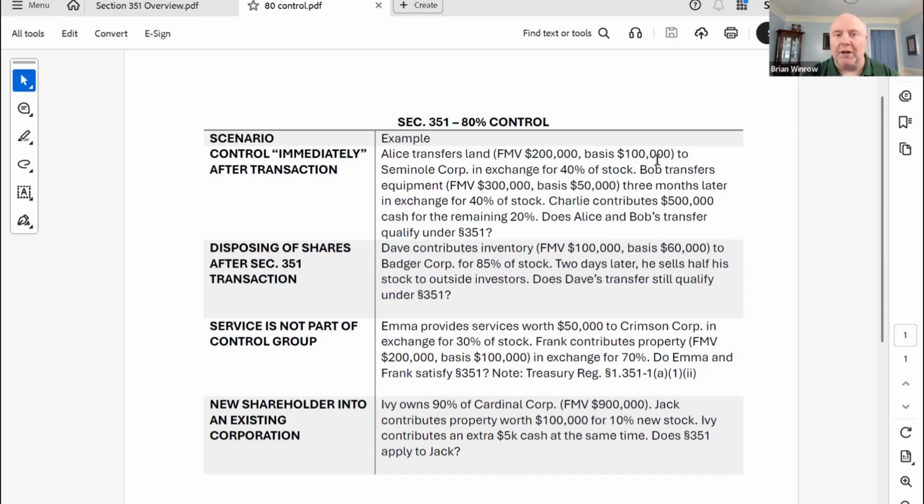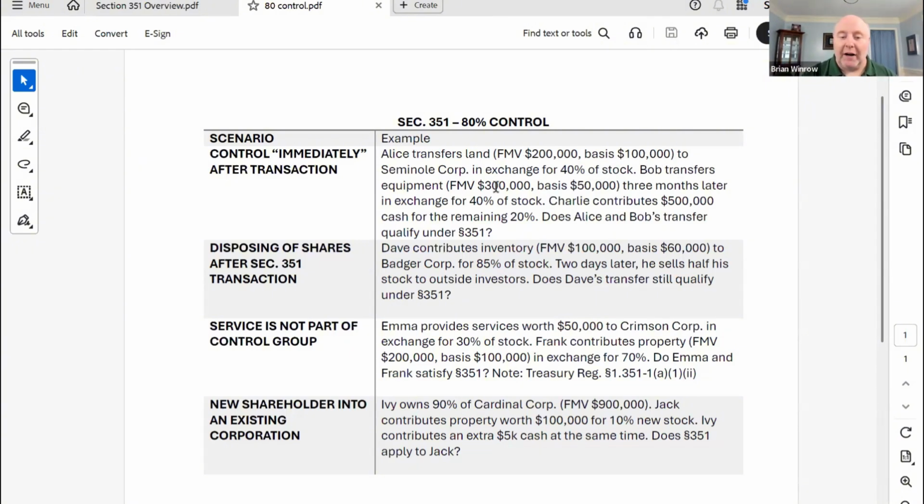If 351 does not apply, she will also be recognizing that $100,000. If 351 does apply, she does not recognize the realized $100,000 of gain.